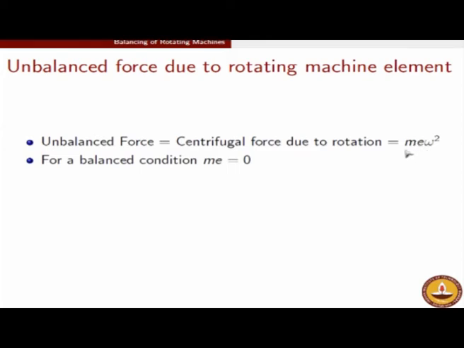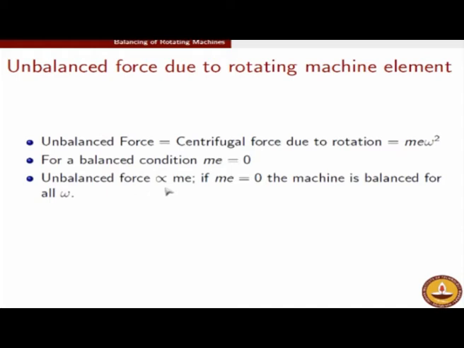If either the object does not have mass, which is ridiculous, all objects do have mass, or better still, if the eccentricity of your rotating element is 0, which means the center of mass of the rotating element can be made to coincide exactly on the axis of rotation, then you will have this e factor, or the eccentricity factor, to be 0, and therefore there will be no centrifugal forces generated, and therefore you will not have any unbalanced force whatsoever. So unbalanced force, we realize, is proportional to m times e.